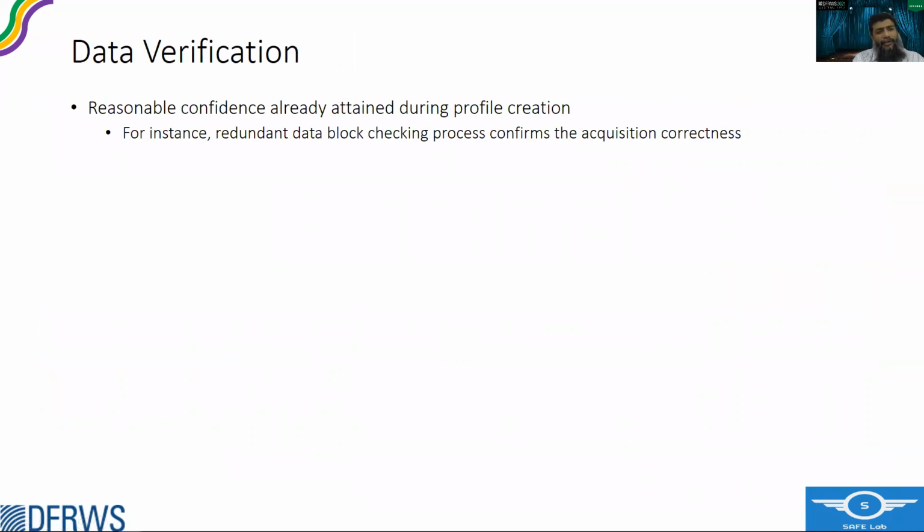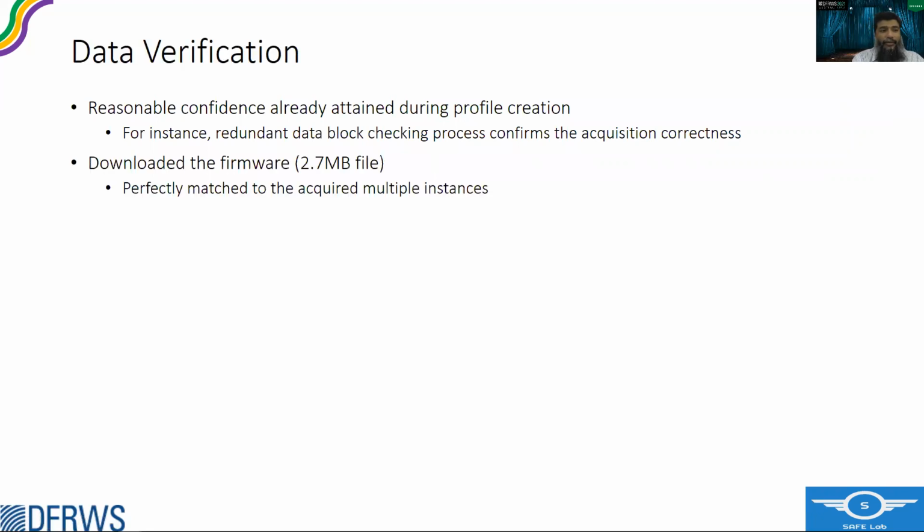So for verification, reasonable confidence was already attained during the profile creation, like when we were identifying the redundant blocks. So what we were doing, we were actually confirming the acquisition correctness as well, because we were matching the different region data.